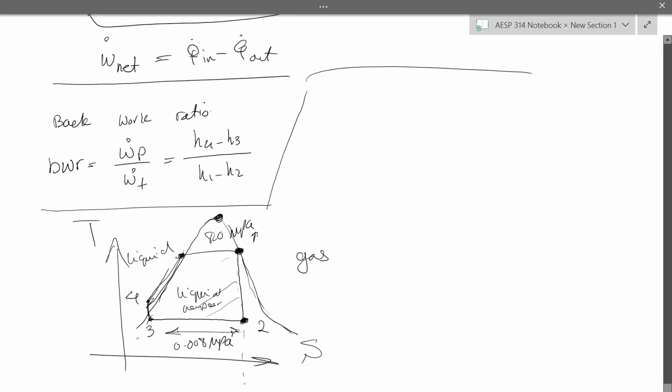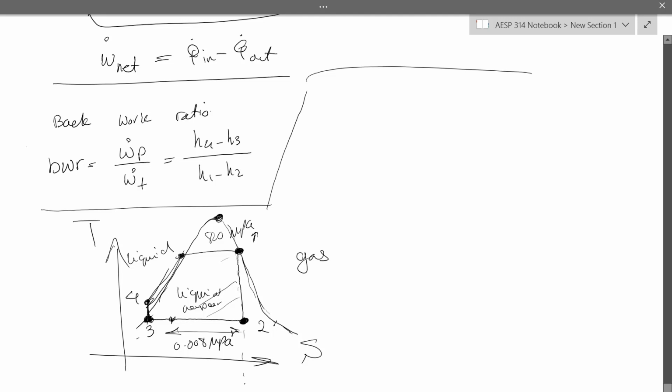Under this, whatever you want to call it, we have saturation condition. So here we have saturation condition, but it's for a mixture of liquid and vapor. The same is true here, and this state 3 is actually on the line.